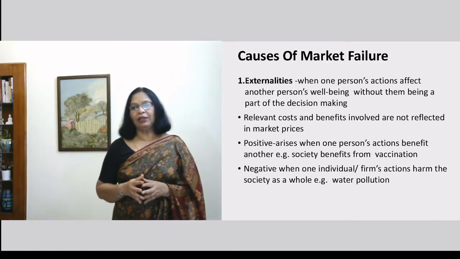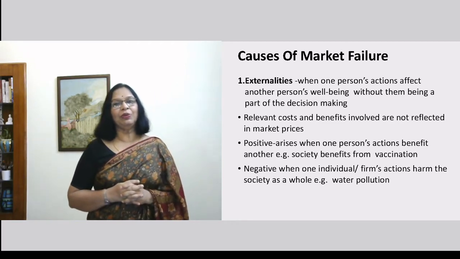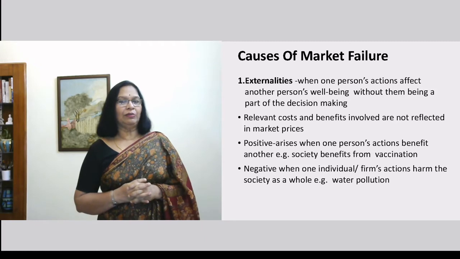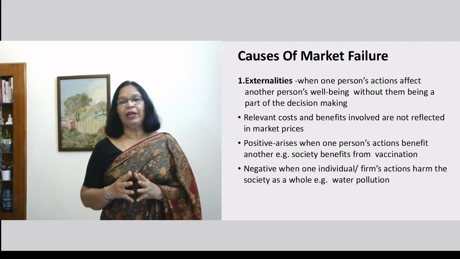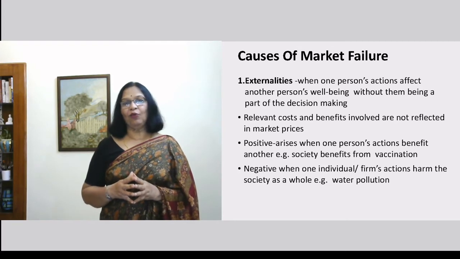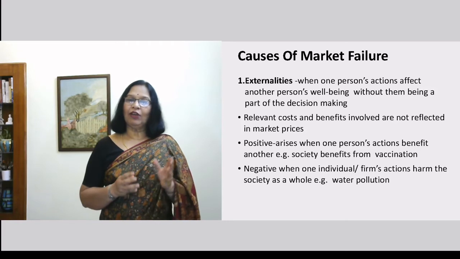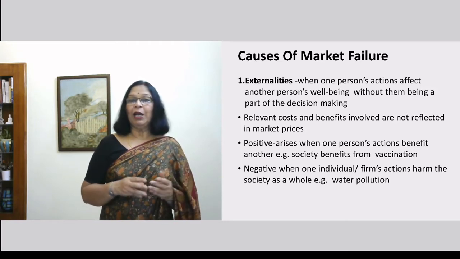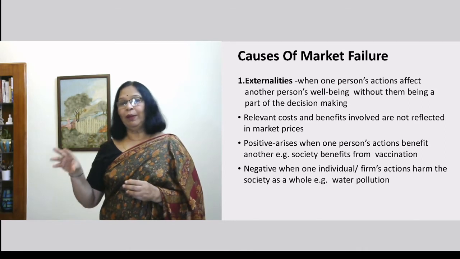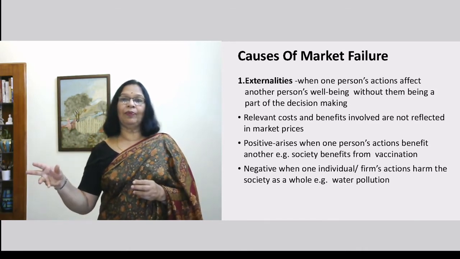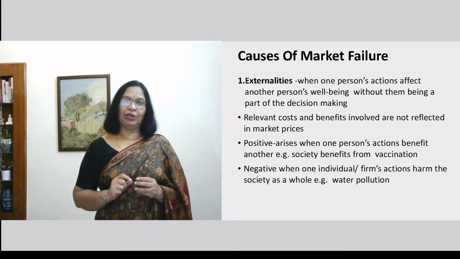Let's look at what the causes of market failure are. The first reason we attribute to market failure is that of externalities. What is an externality? Externality is when one person's economic behavior not only affects his or her well-being, but has the potential to affect the well-being of other people who are not a part of this decision making.